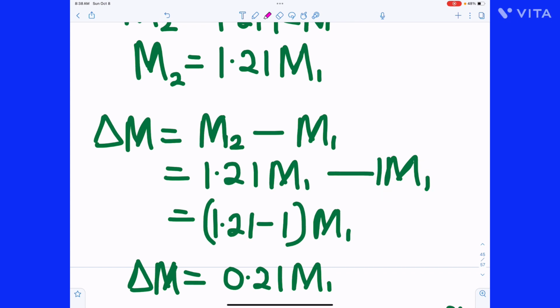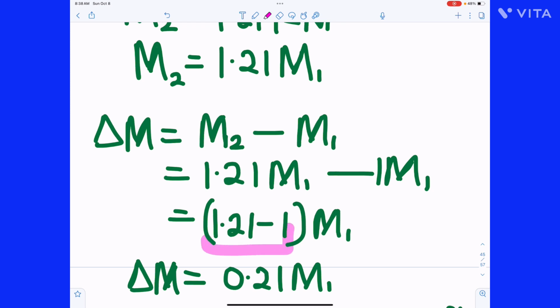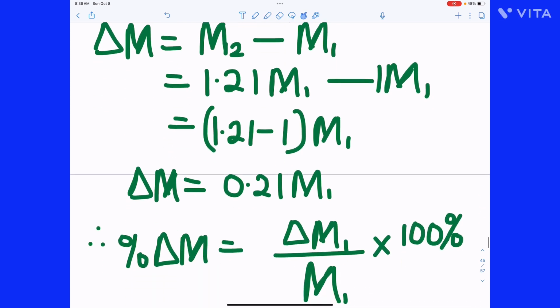If you factorize m1 outside the bracket, m1 is the same thing as 1 m1, you get 1.21 minus 1 inside the bracket times m1 outside. So that means the change in m is 0.21 of the original value. Percentage change in m will now be change in m over m times 100%.